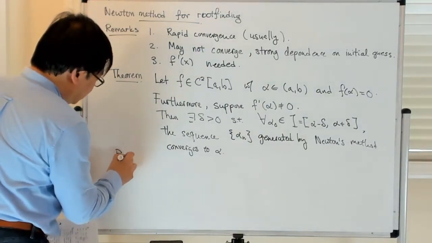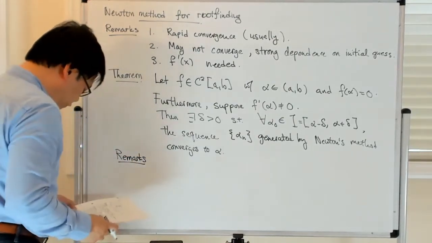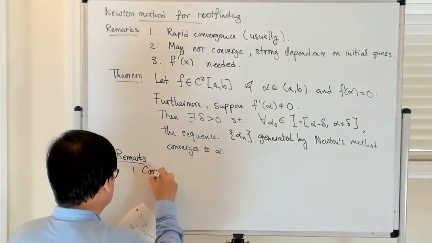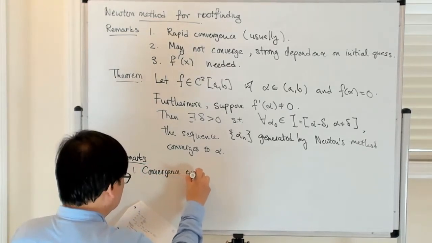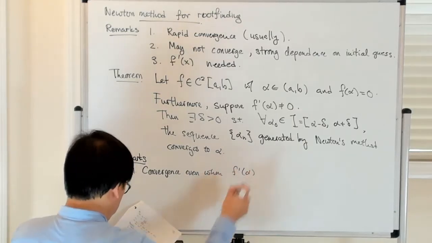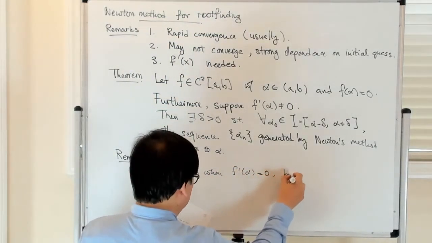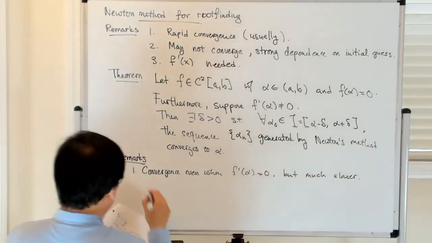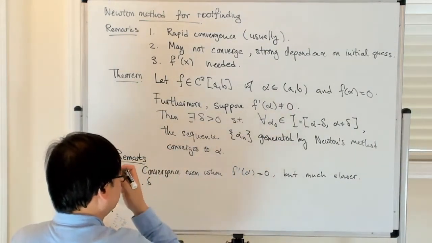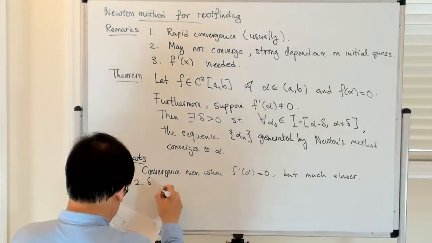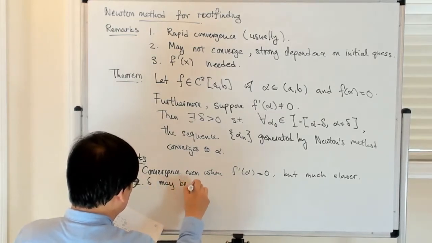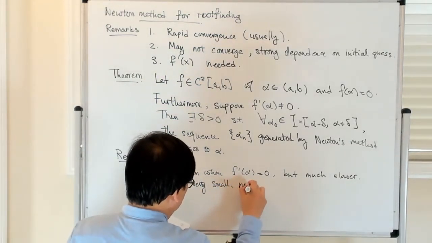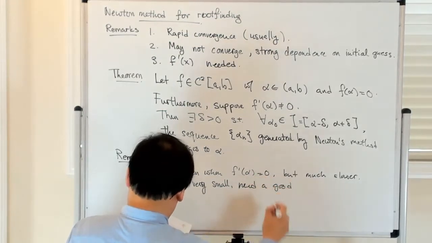Okay, so let me make a few more remarks before we finish. The first of which is that you still get convergence even when f prime at alpha is equal to 0, but it is much slower. Okay, and the second of which is that this interval about alpha, delta, may be very small. So we need oftentimes a good starting value.